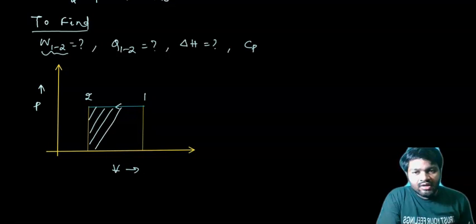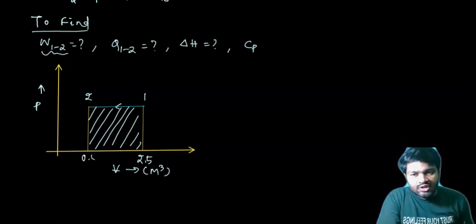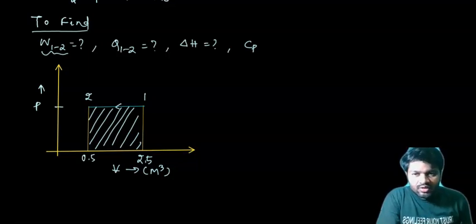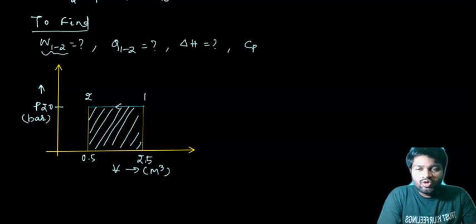The area under this curve is simply a rectangle where this volume is 2.5 meter cube, this volume is 0.5 meter cube, and this pressure is given to us as 20, in bar, right?